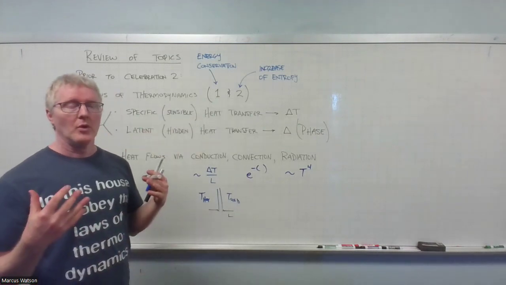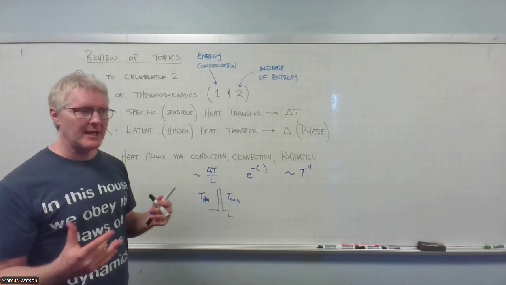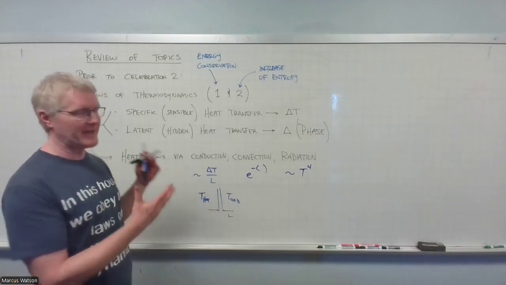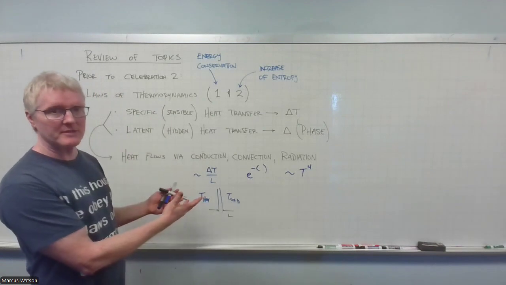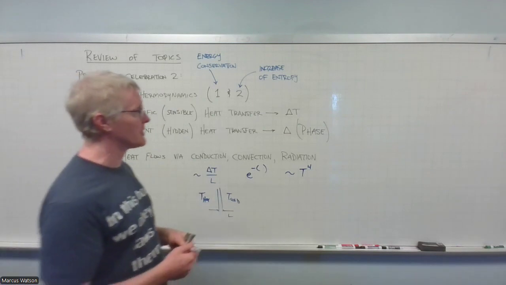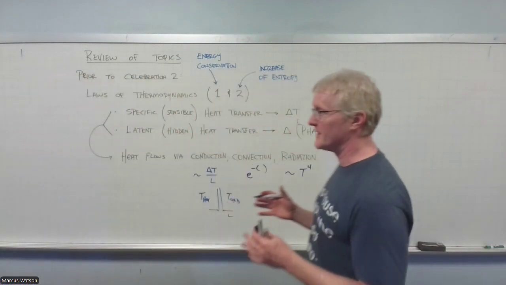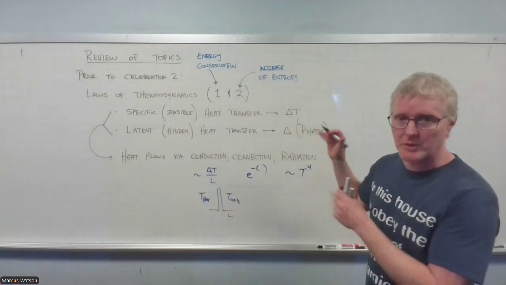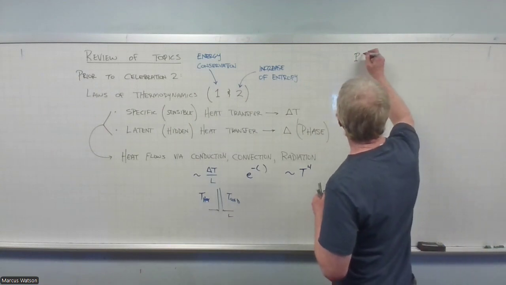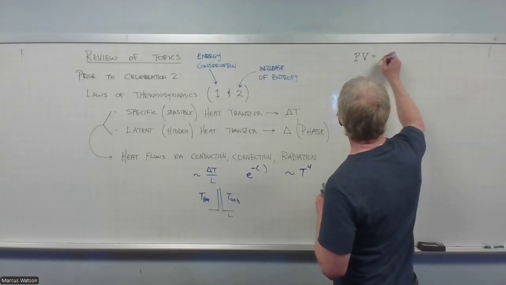Now, I mentioned early on in this class that we were going to use the ideal gas as a backdrop to investigating the consequences of not just the laws, but also the heats that are transferring. So from the perspective of the application of this to an ideal gas, we have the ideal gas model in which PV was equal to nRT.